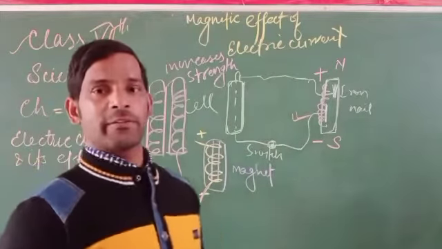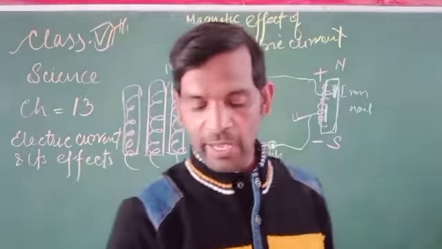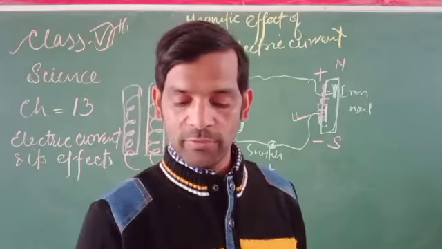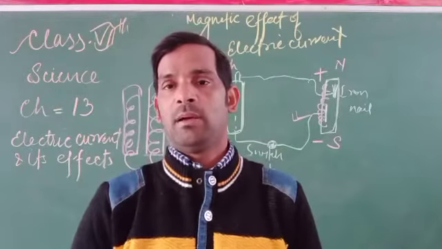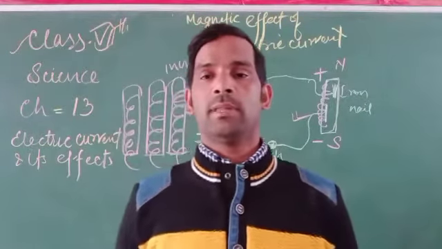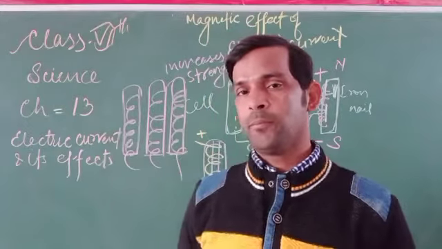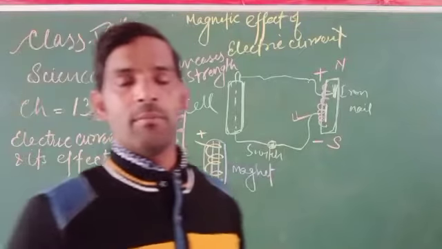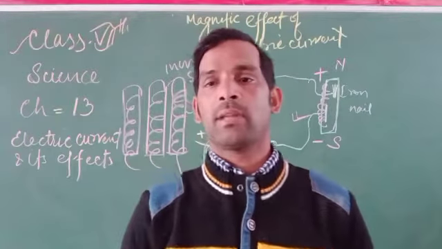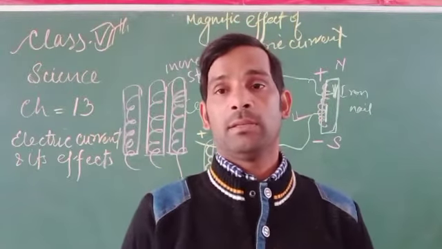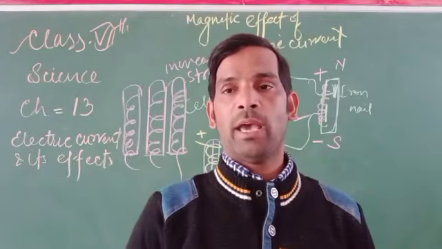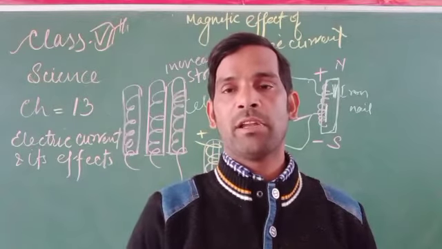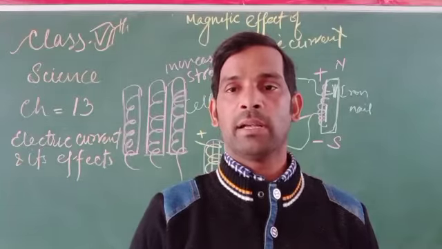When the electric current flows, it can enhance the amount of power, or enhance their strength as well. To enhance the strength, there will be a requirement of electric current.